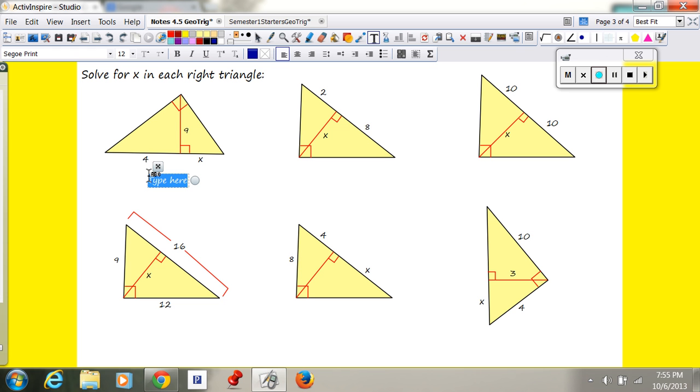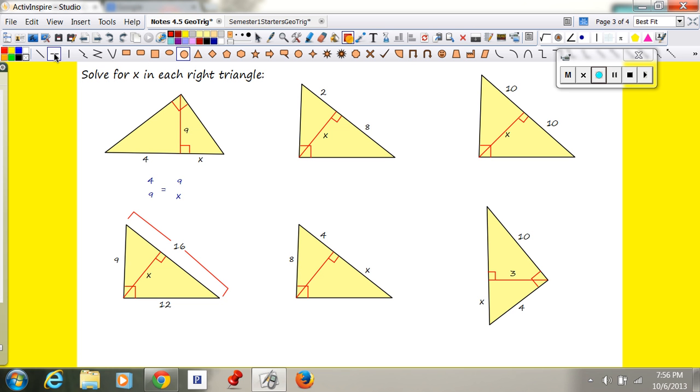So this one's going to be a little different. You're going to end up having 4 over 9 equaling 9 over x. This one is a little different in the sense that the x is not the geometric mean. This time the 9 is the geometric mean.